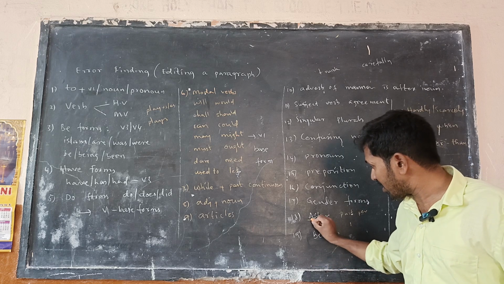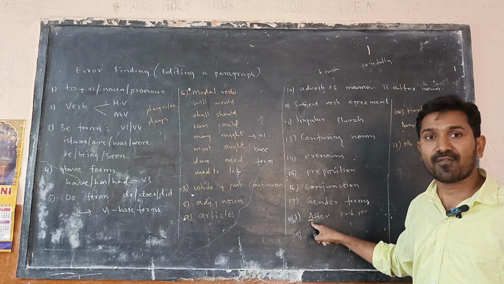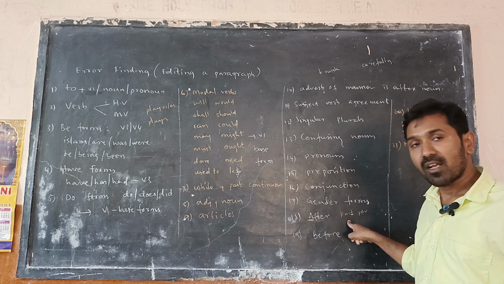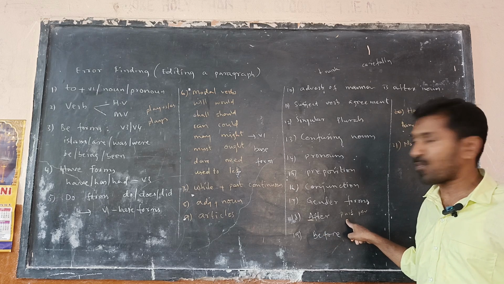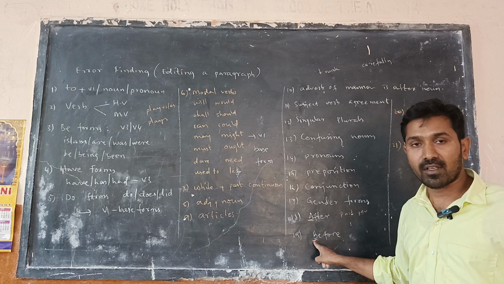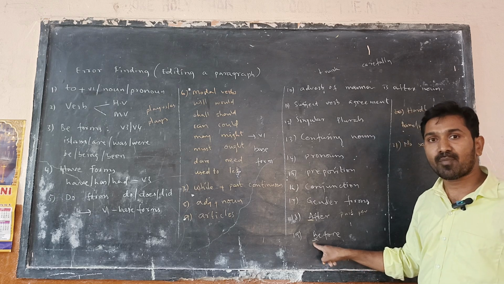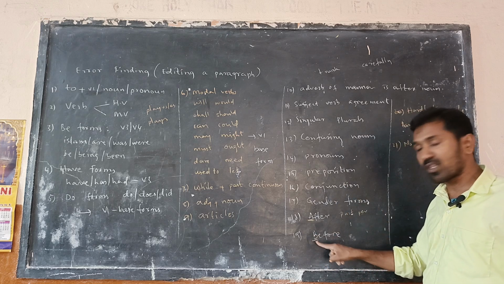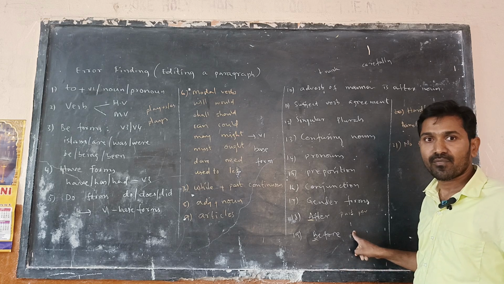In the name itself, after, A stands for 1, that means first activity and second activity. The first activity is always in the past perfect tense, and before, B stands for the number 2, so before represents the second activity, that means only simple past, right?